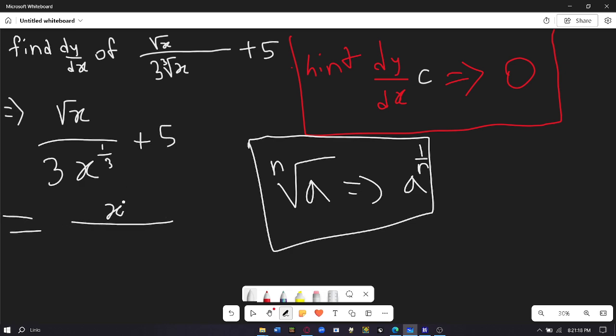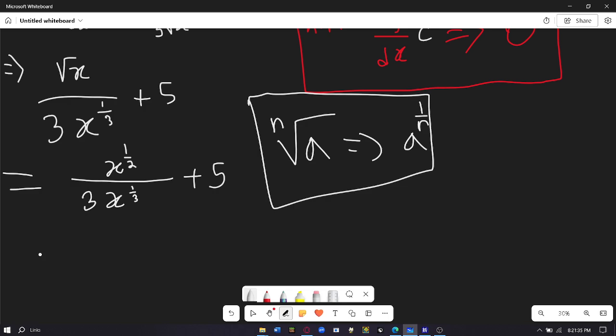This top part becomes x to the power half. This bottom becomes x to the power 1 by 3, plus 5.